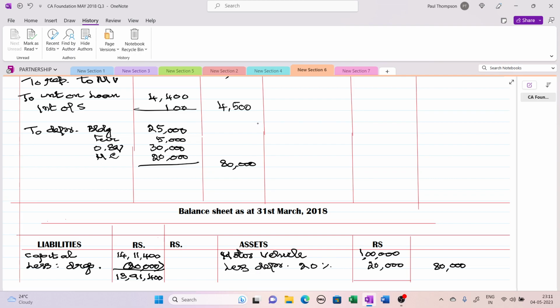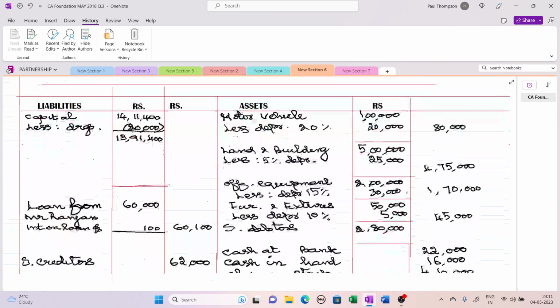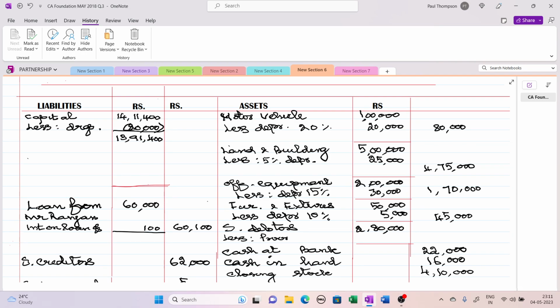Now coming to bad debt, they say that you make a provision of 5% on sundry debtors. So less provision for doubtful debts 5%. So 5% you can calculate: 10% is 28,000, half of that is 14,000. Okay, so the balancing figure is 2,66,000. Now this will go to your PL account.